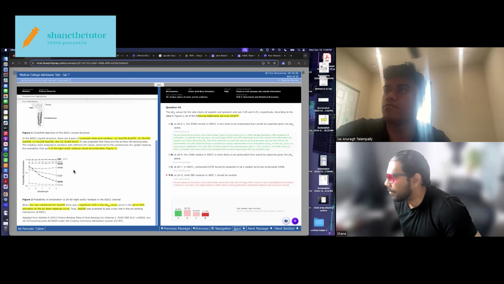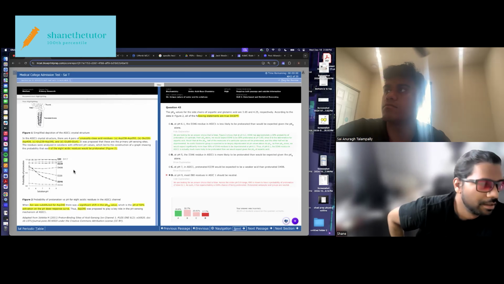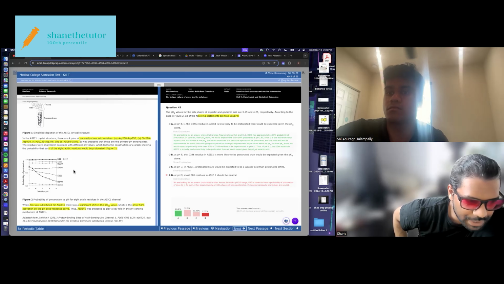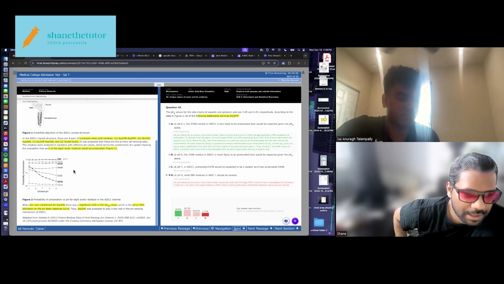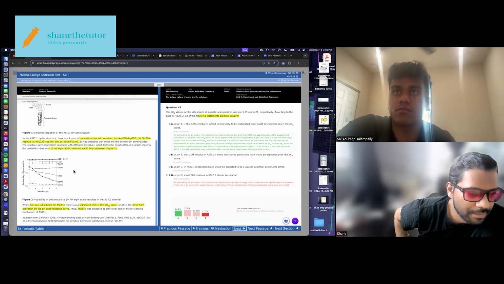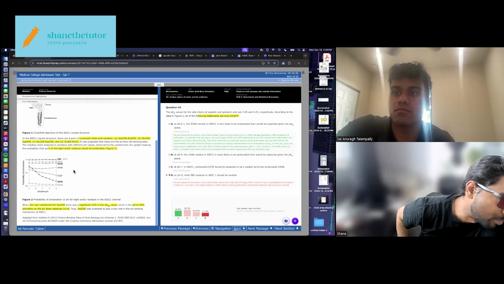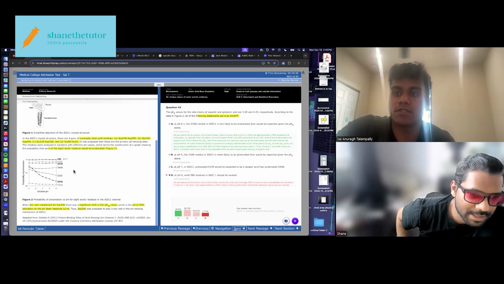Let's see, we have these pH sensing sites. The x-axis is pH, the y-axis on the left is probability of protonation. On the right are the identities of these residues.